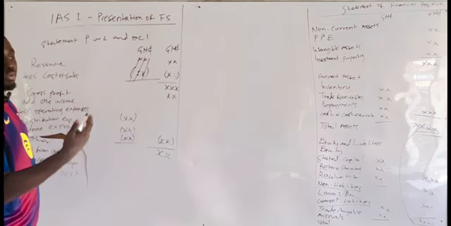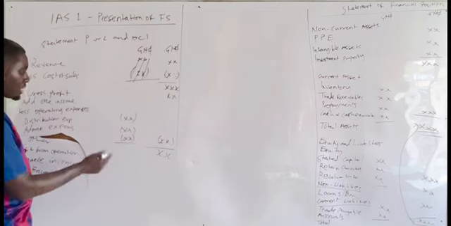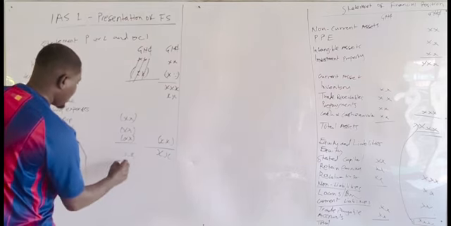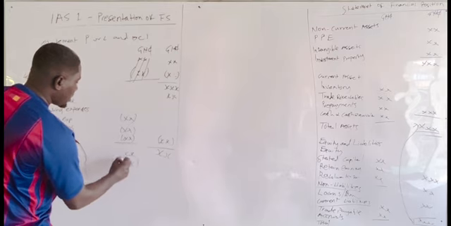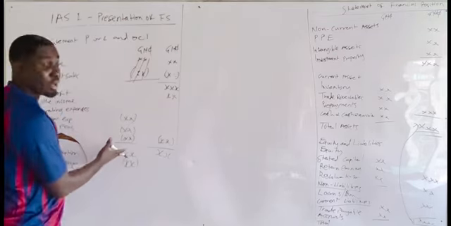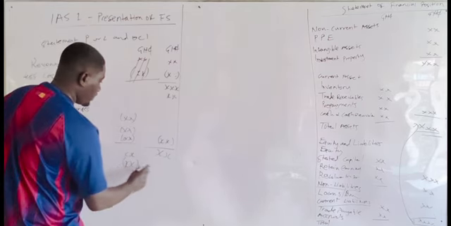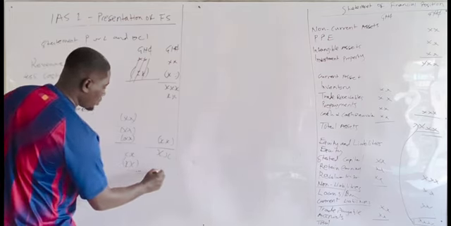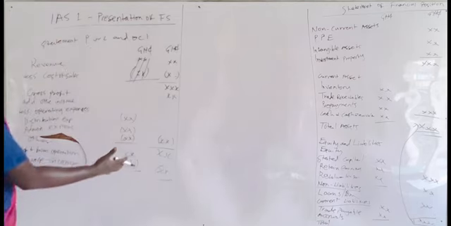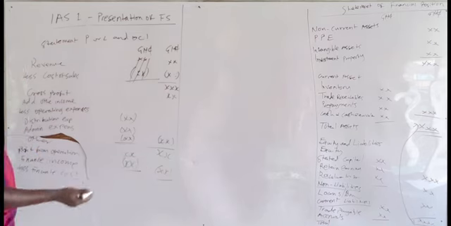If we borrowed money and have to pay interest, that interest will also come as well. The finance income is when we are getting money, and the finance cost is when we are paying interest. So that one too will be here. If it's a positive, we add. If it's a negative, we less. So it's a plus or minus.